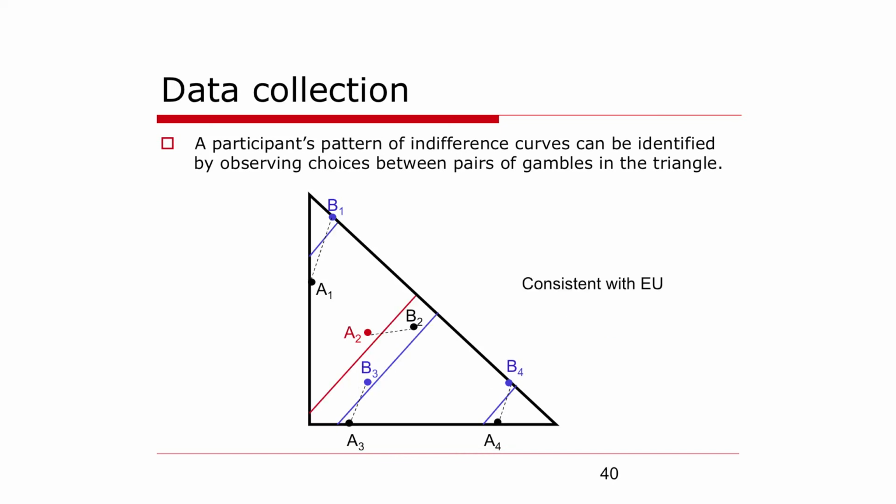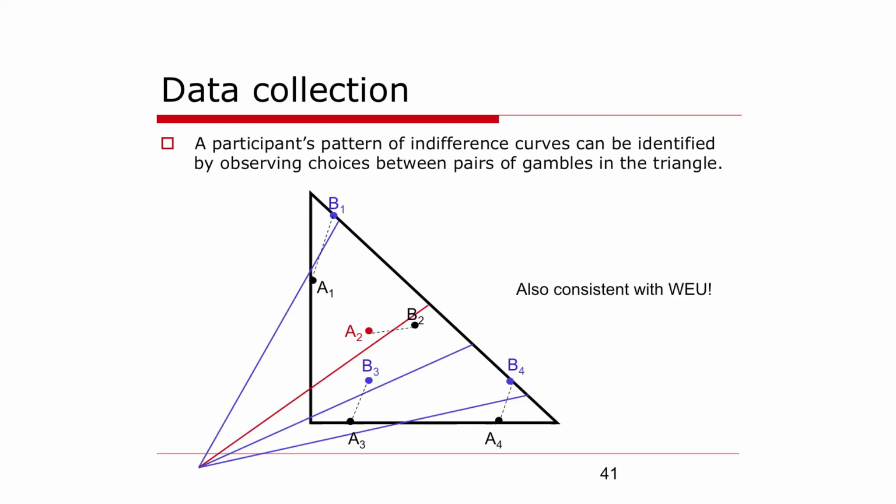Well, the EU has indifference curves that can be fully consistent with this pattern of choice behavior, and I think weighted EU can also explain the same choice pattern. So this is a case where these 4 pairs are not discriminative enough, because there's an EU model that can predict this pattern, and there's a WEU model that can predict this pattern, right?